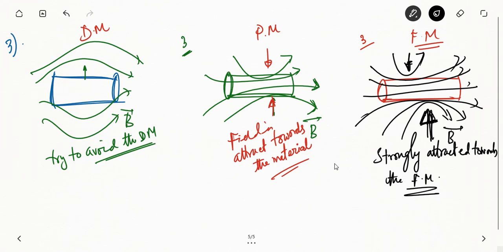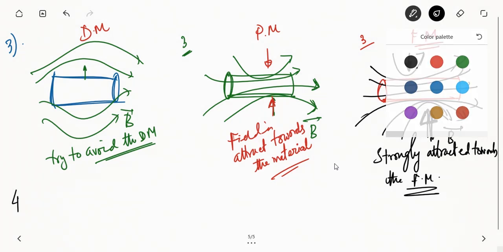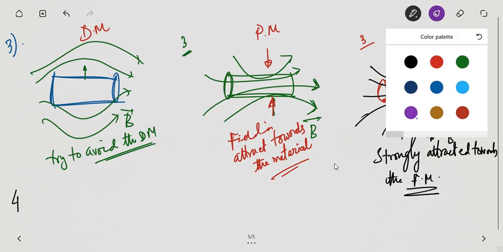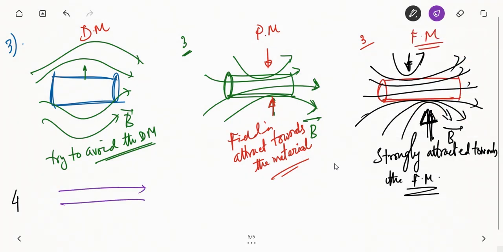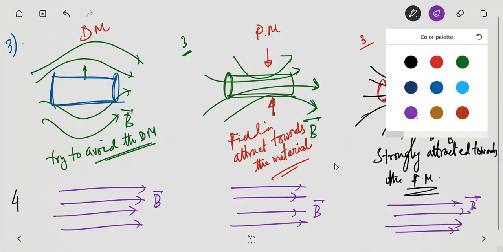And there is another point, number 4. Suppose B is in that direction, the magnetic field, and in all three cases B is in the same direction.